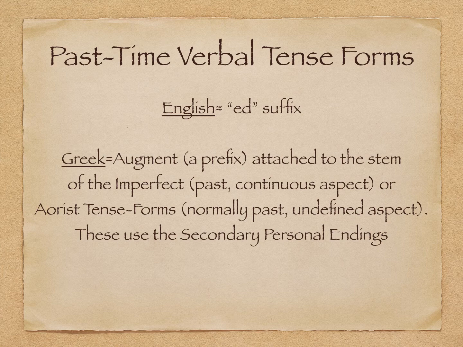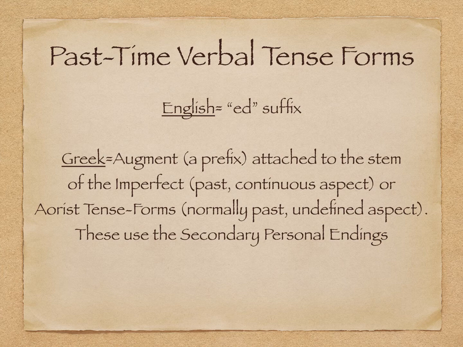An undefined aspect, just that he saw it happen, or the author wishes us to understand that it happened, or a continuous kind of aspect, which is the present tense form that we've looked at already, that the action is continuing from his or her point of view, whether it's the speaker or the writer. The future that we've looked at, it happens in the future time, and the aspect is suppressed a bit because the temporal component is emphasized so much.